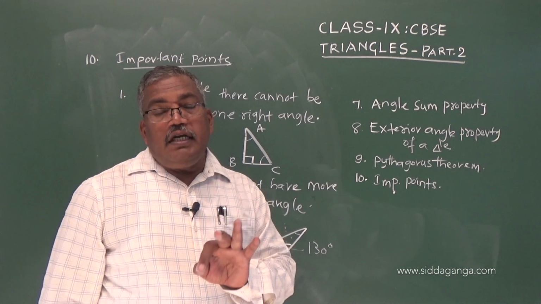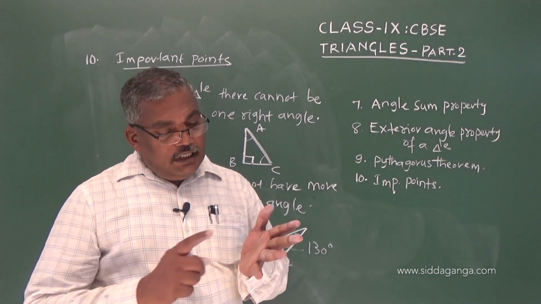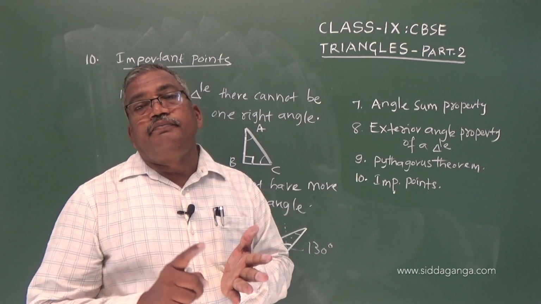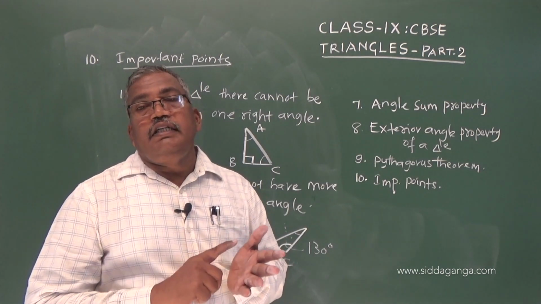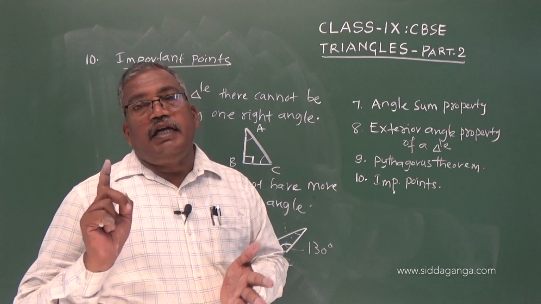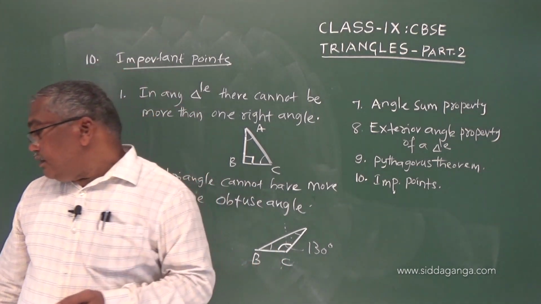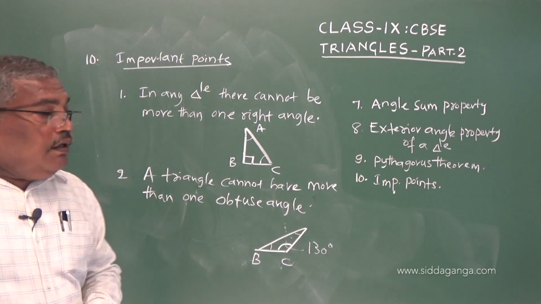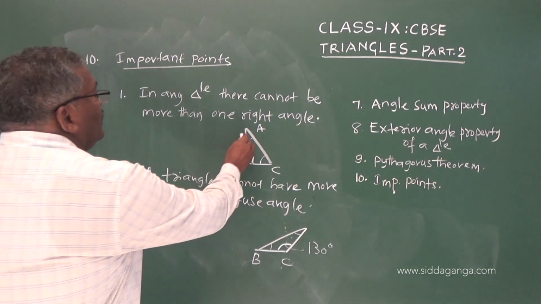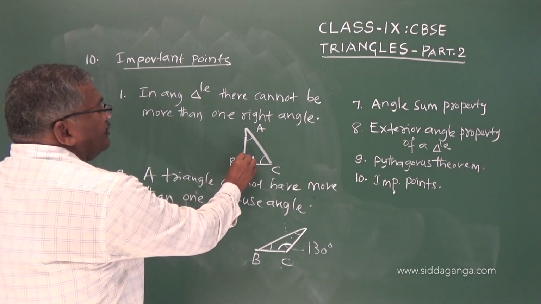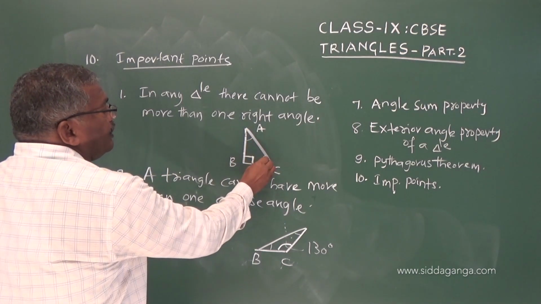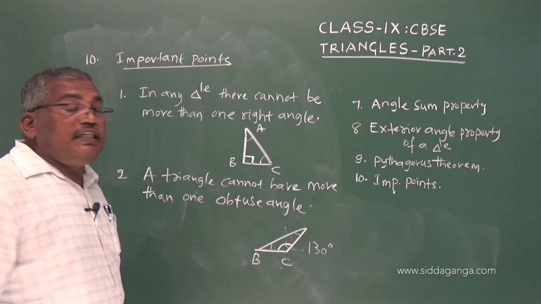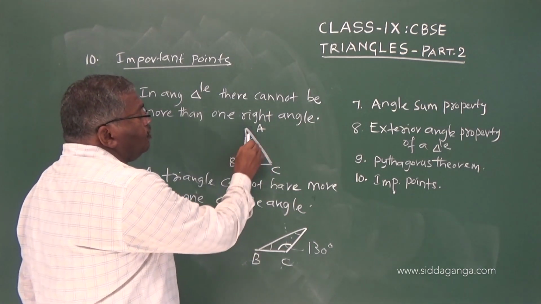If a triangle is having three acute angles, then it cannot be a right angle triangle and it cannot be an obtuse angle triangle. So, these are the basics. Now you observe this: in a right angle triangle, the sum of the other two acute angles must always be equal to 90 degree, because the total must be equal to 180.